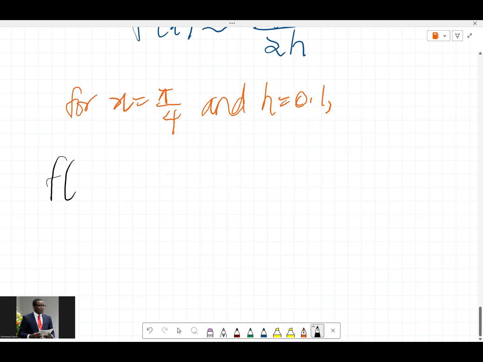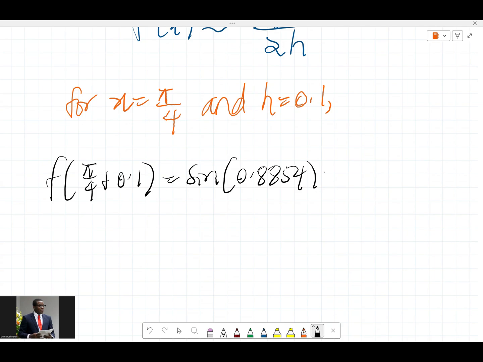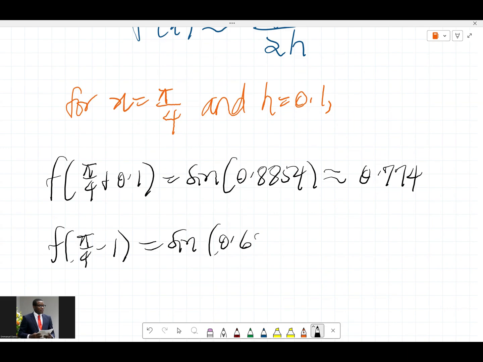We have f of pi over 4 plus 0.1, which is equal to sine of 0.8854, and that is approximately 0.774. Then f of pi over 4 minus 0.1 is equal to sine of 0.6854, which is approximately 0.632.